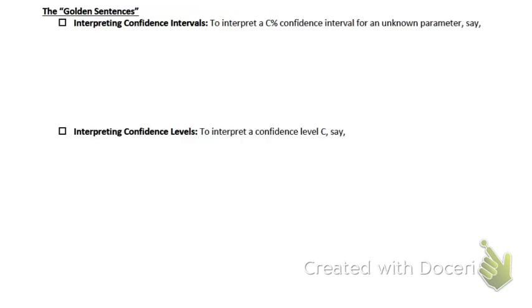Does anyone happen to remember the sentence for interpreting slope? For every increase of 1 in the x, there would be a whatever in the y. Does anyone remember the sentence for interpreting the y-intercept? Nope.